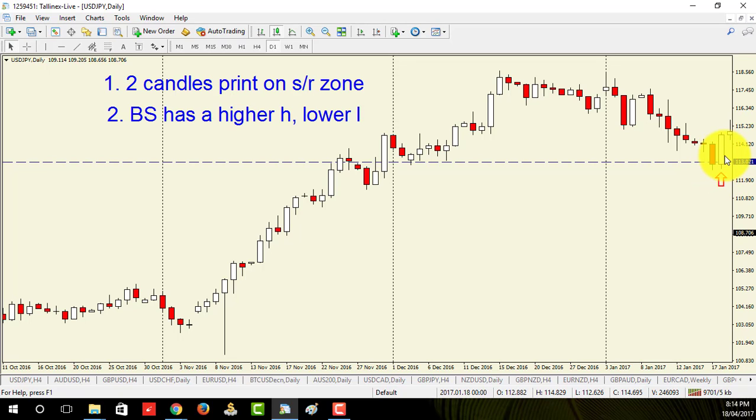I want my signal candle to go down there and cash them all in and then stop them all out and rocket back up. If the big shadow candle itself, which is what I'm calling this big white candle, the previous candle doesn't really have a name. It's just kind of the previous candle. But if the big shadow itself does not have a higher high and a lower low, then it's no good.